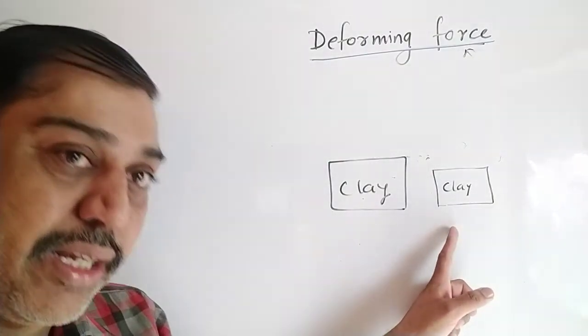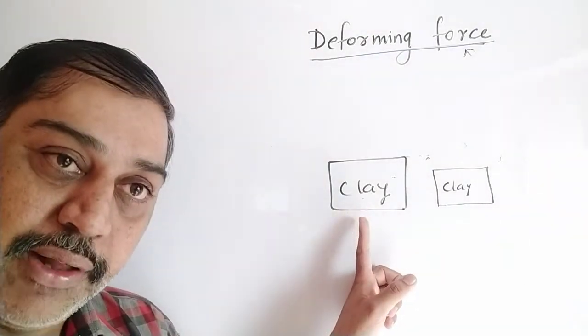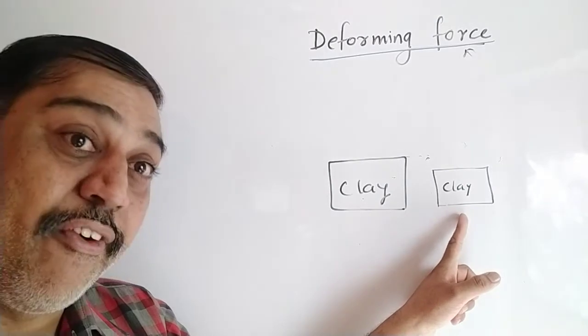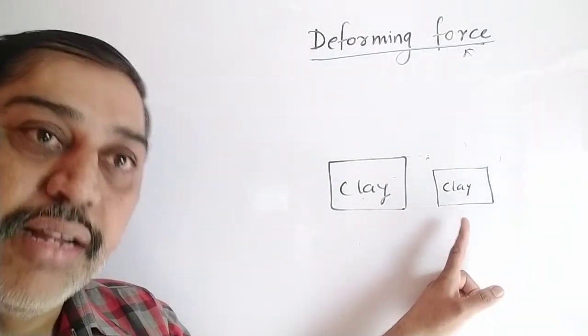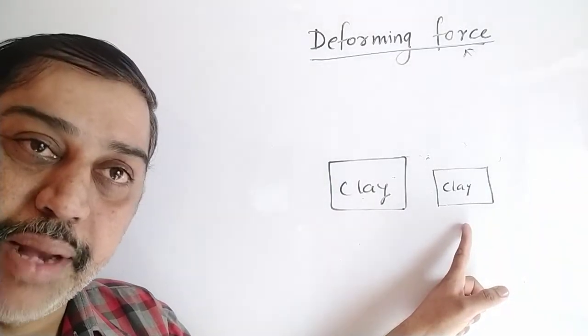But in case of the clay, when you remove the force, it never comes to its original position. It remains as it is, in the deformed state. And this property is said to be plasticity, and the materials are said to be plastic materials or plastic bodies.